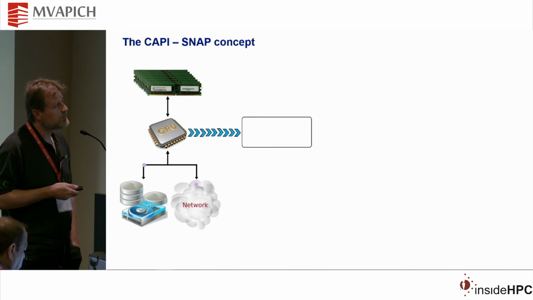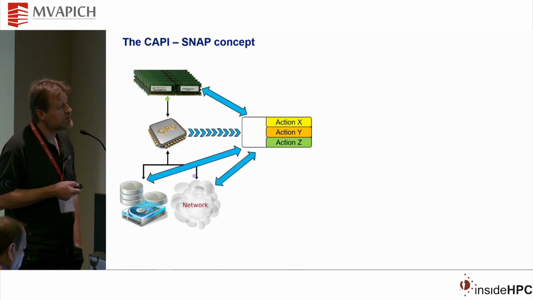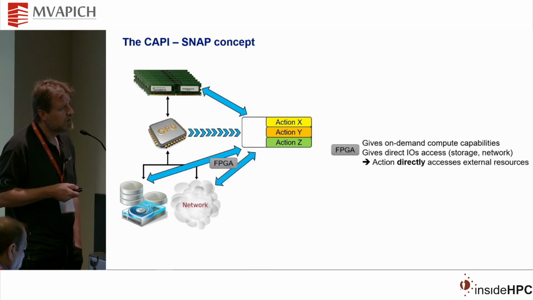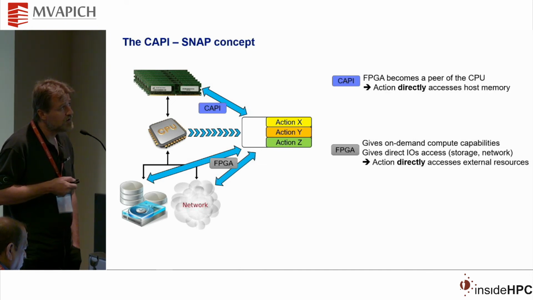So the concept is just that every action that you have in the FPGA can talk to the outside world. And because it's an FPGA, you have direct control, as we said, to memory and the external world. With CAPI, you have the fast link and the coherency.